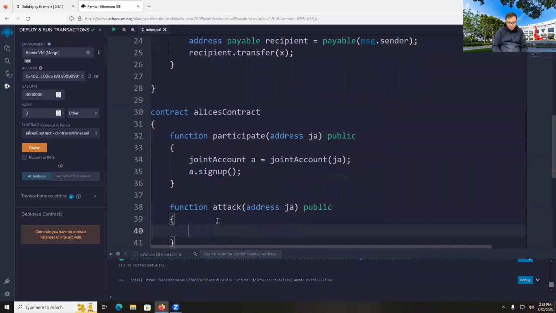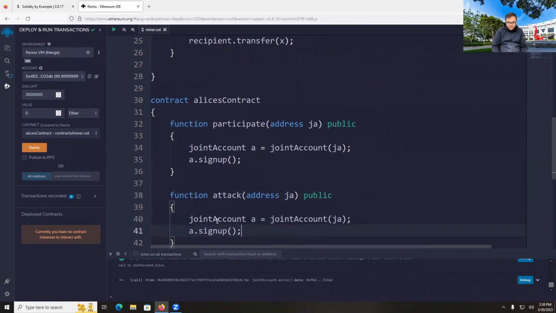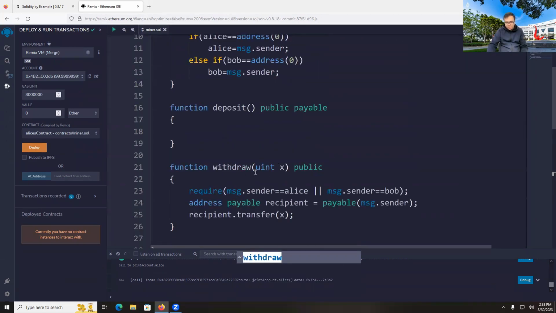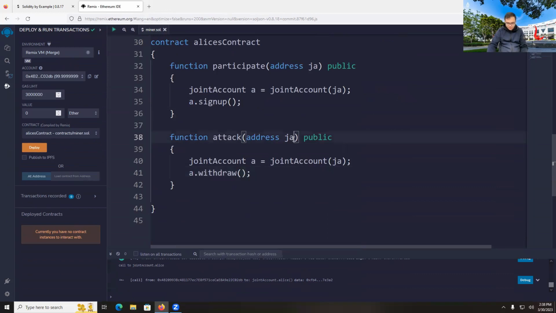Or I can just do access control or whatever. And here's what I can do. I can say, call the withdraw function of joint account. And of course, I need some value X. So try to withdraw X units from the previous contract, from the joint account.